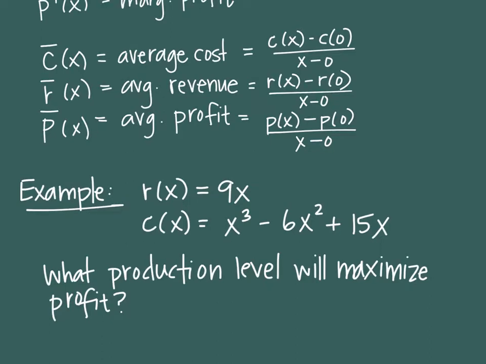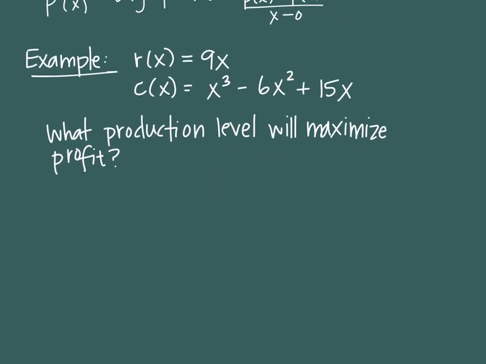So if your revenue is defined as 9x and your cost is defined as a cubic function, what production level will maximize your profit? Because we're maximizing profit, we need to define a profit equation, and then apply the principles of maximization to that. So we'll come up with P of x, which is defined as revenue minus cost.